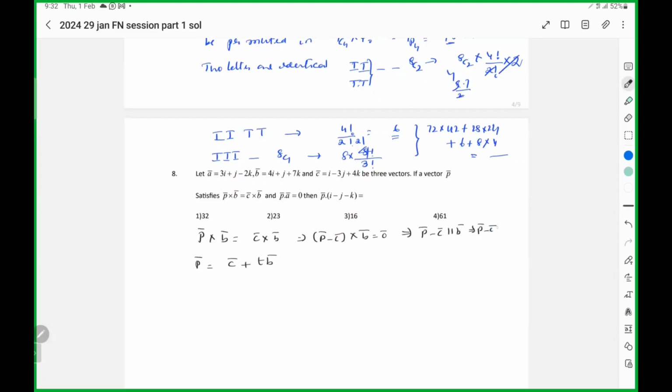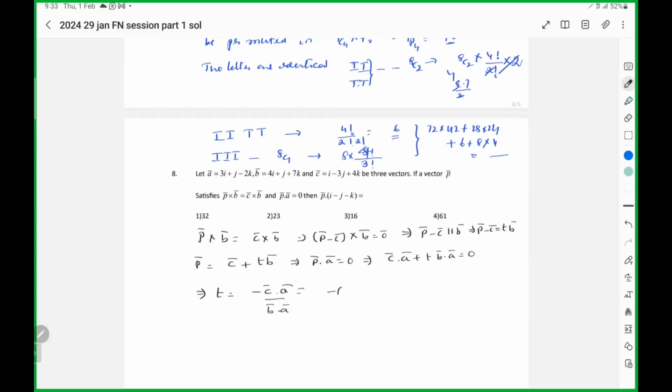Once the vectors are parallel, one vector is a multiple of the other. So P dot A is 0. C dot A plus T times B dot A is 0. T here is minus C dot A by B dot A.